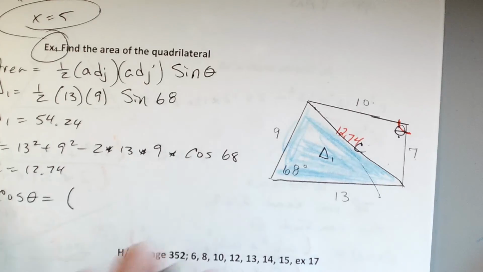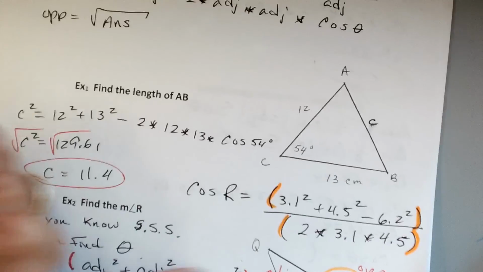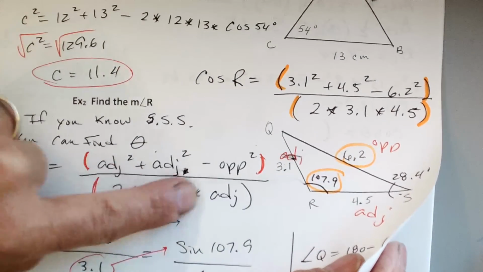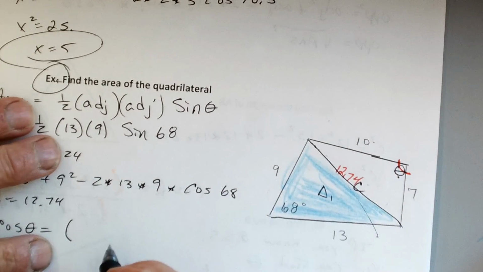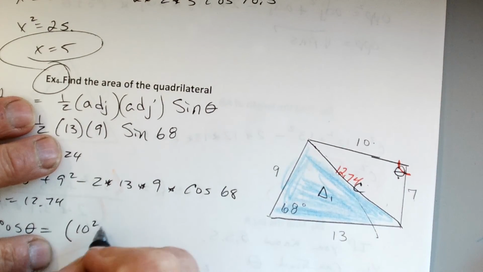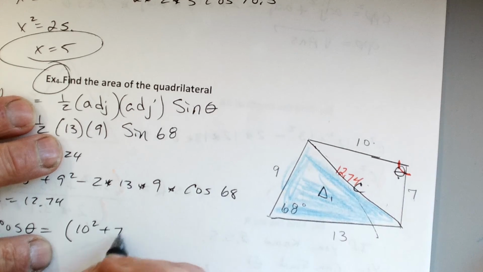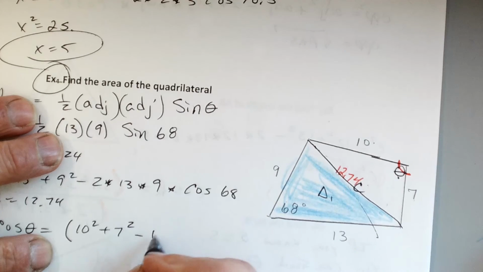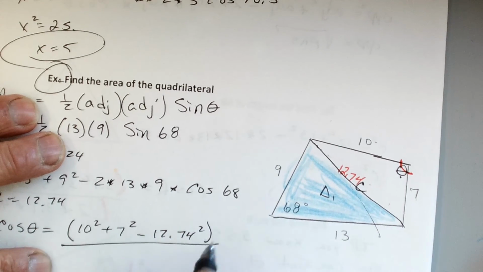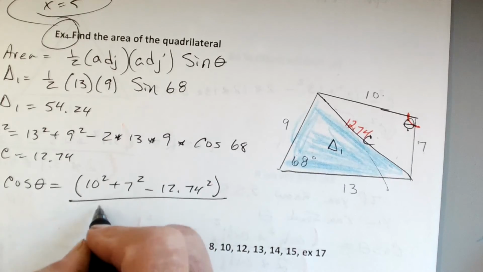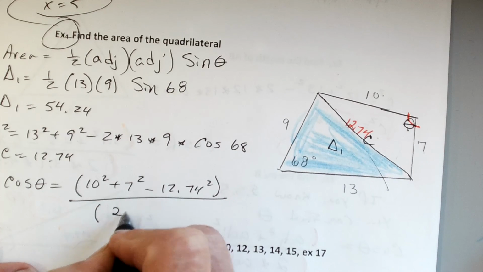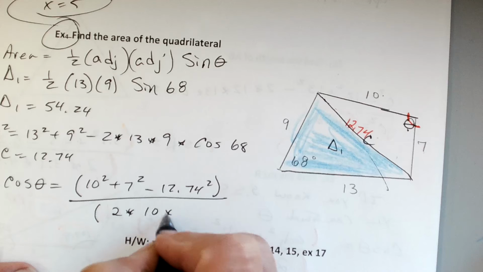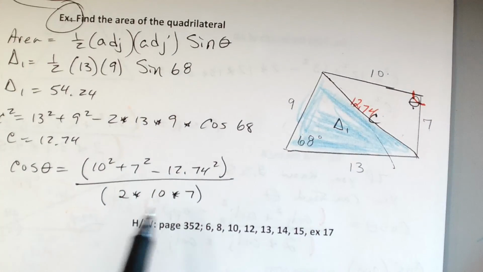I'm using this formula here. So it's going to be adjacent squared plus the other adjacent squared, 10 squared plus 7 squared minus opposite squared, which is my 12.74 squared, divided by 2 times 10 times 7, which is 2 times adjacent times adjacent in my formula.